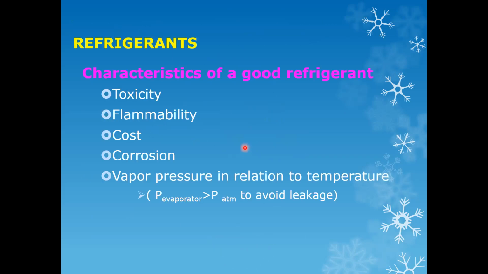We now move on to the types of refrigerants. What are the characteristics of a good refrigerant? It should not be toxic, not flammable. The cost should be acceptable, and it should not corrode our device, our refrigerator or aircon.